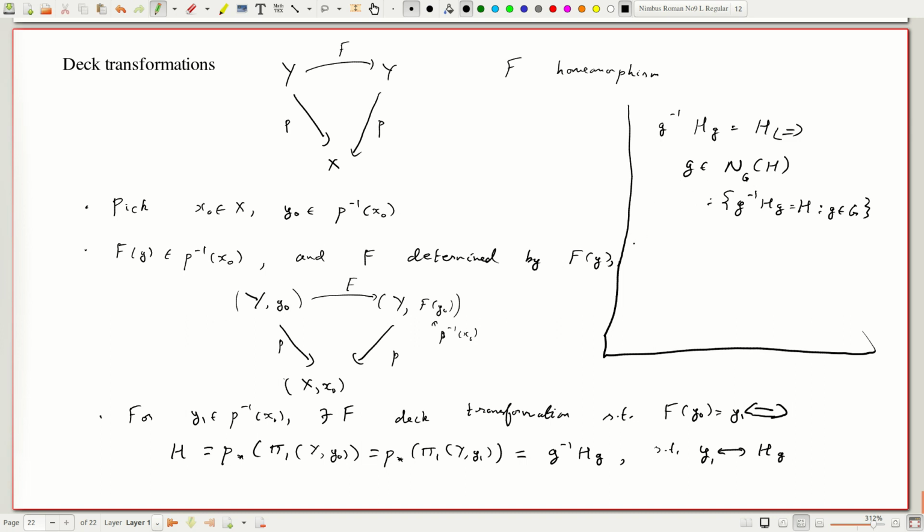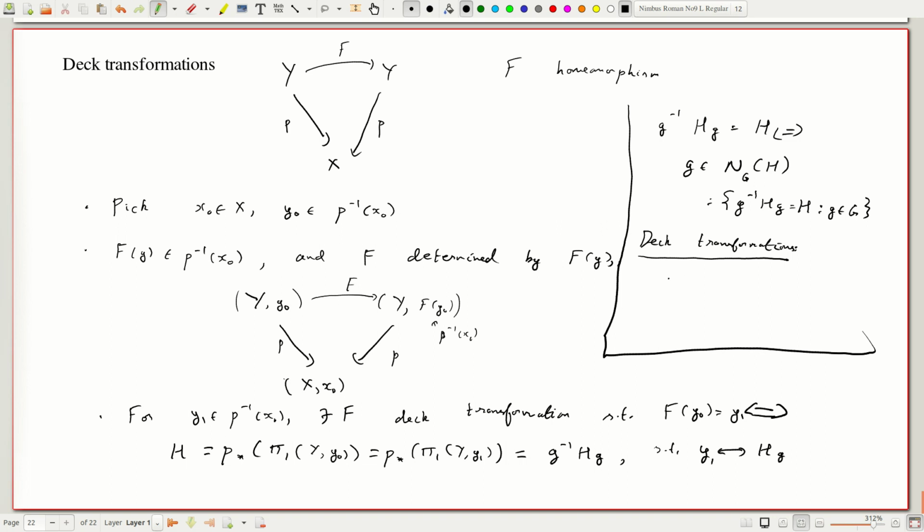But then we can deduce immediately what the deck transformations are. Namely we know points correspond to the cosets. So given an element G or a coset Hg, we may or may not have a corresponding deck transformation, but different elements that give the same coset give the same deck transformation.